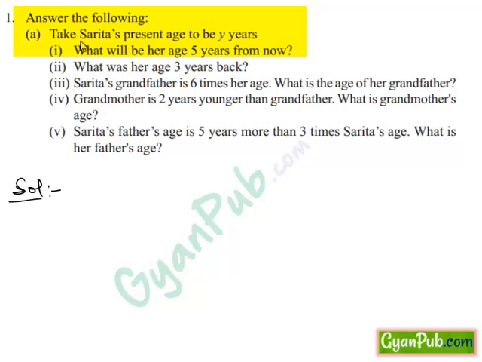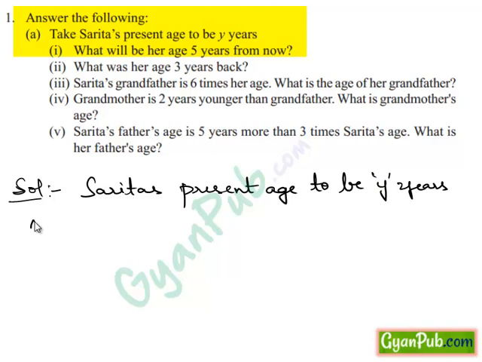In the question they had given that Sarita's present age is y years. So Sarita's present age is y years. Now moving on to the first bit. What will be her age 5 years from now?